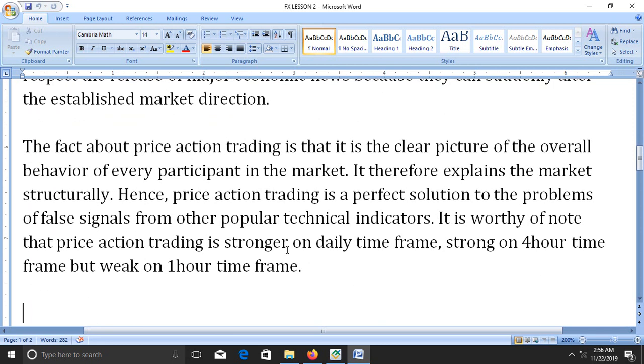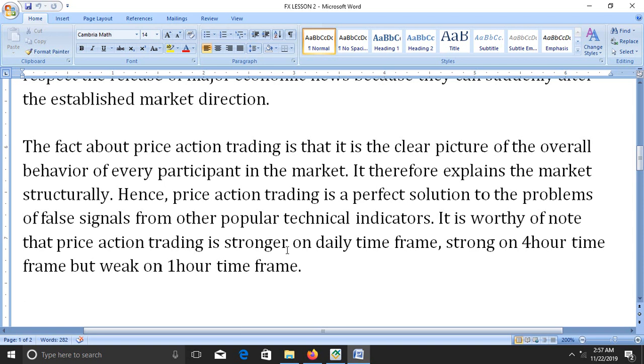Now, the fact about price action trading is that it is the clear picture of the overall behavior of every trader in the market. It gives a very clear picture of what everybody is doing: the new traders, the professionals, the fundamental traders, the technical traders, all of them. It gives the resultant information.